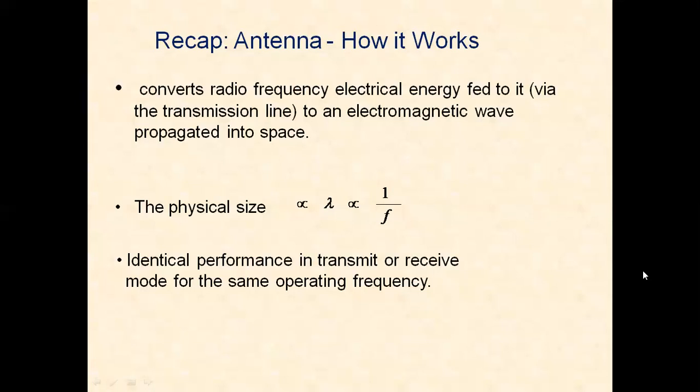The electromagnetic radiation from the transmitting antenna has two components: a magnetic field associated with the current in the antenna and an electric field associated with the potential. The two fields are perpendicular to each other in space, and both are perpendicular to the direction of propagation.